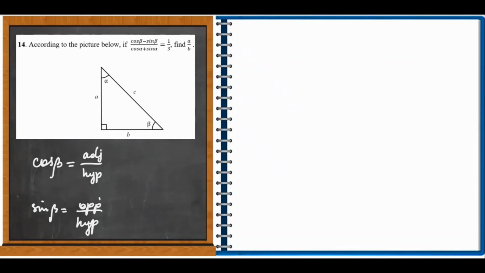Now let's write cosine beta. So what is adjacent to beta? It's b over c, and hypotenuse is c. Sine beta, this is opposite to beta, it's a over c. Then cosine alpha. Now we are talking about alpha, it's here.